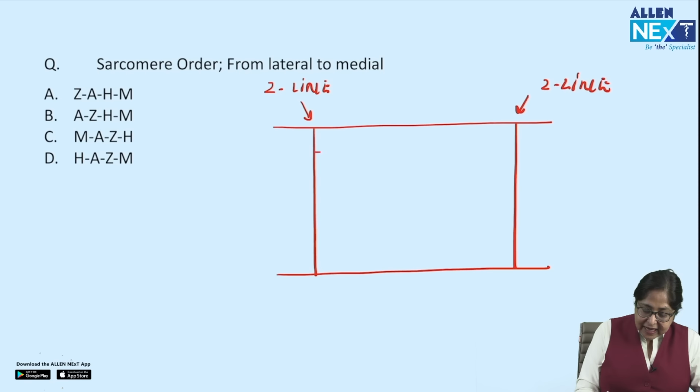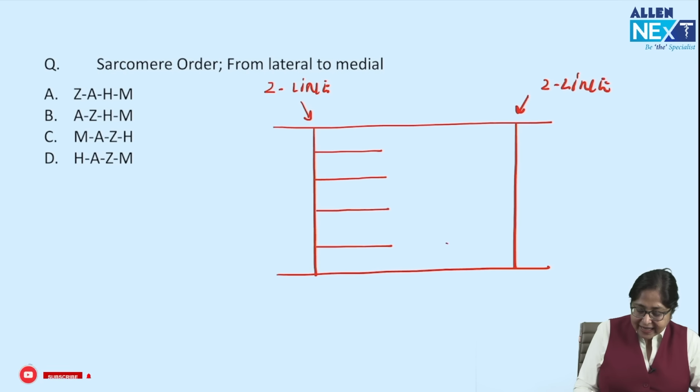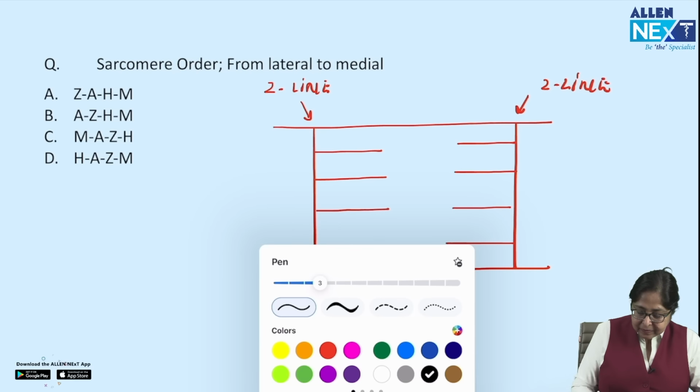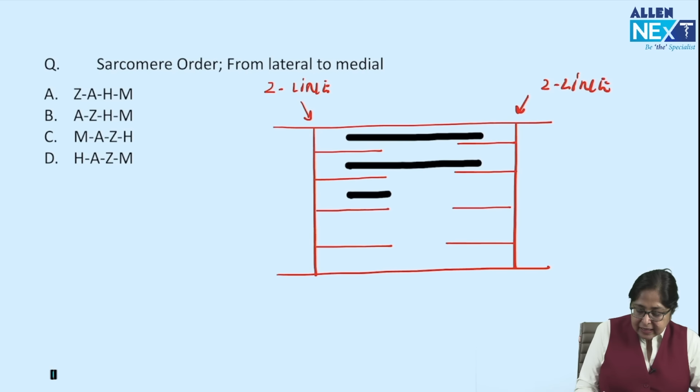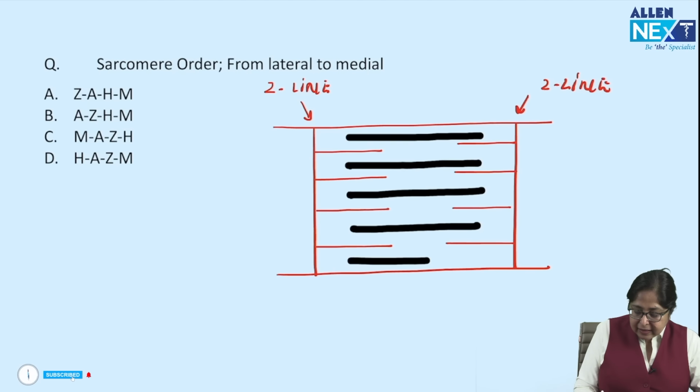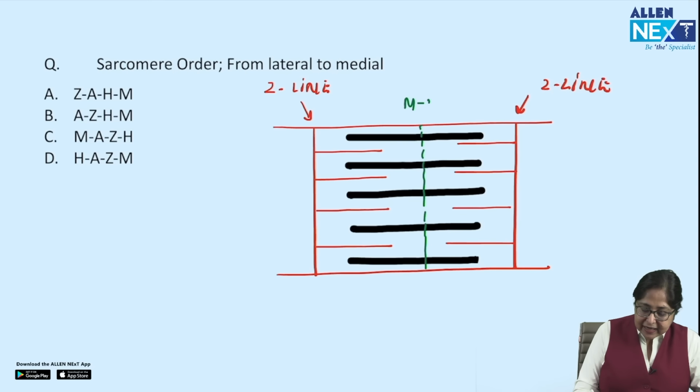Now, attached to the Z line are the thin filaments or actin, and in the middle you have the thick filaments, which is myosin. And right in the middle of the sarcomere is the M line.